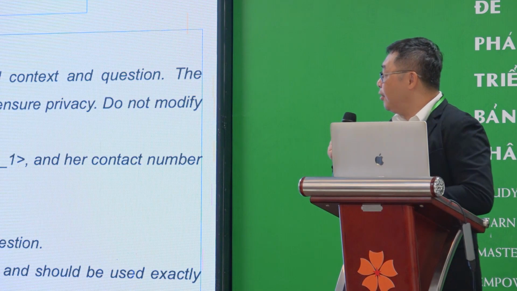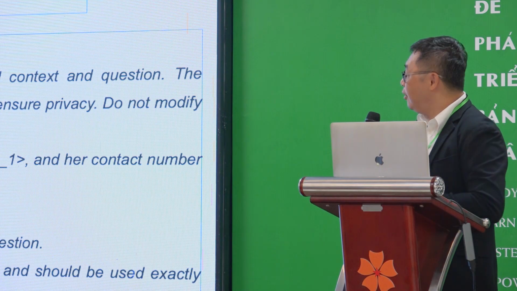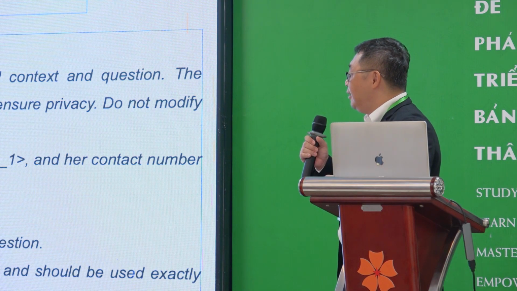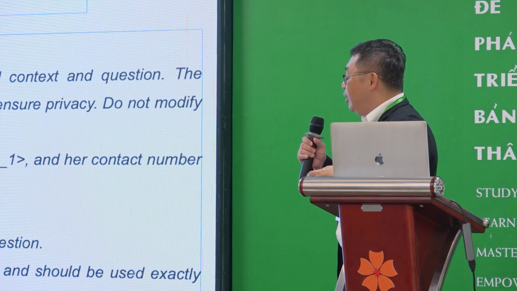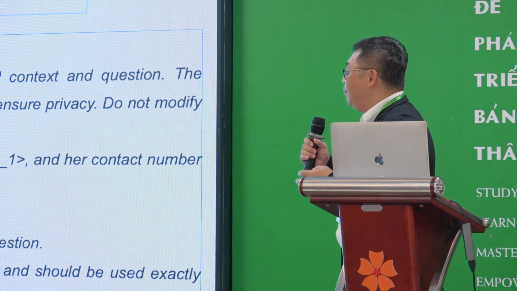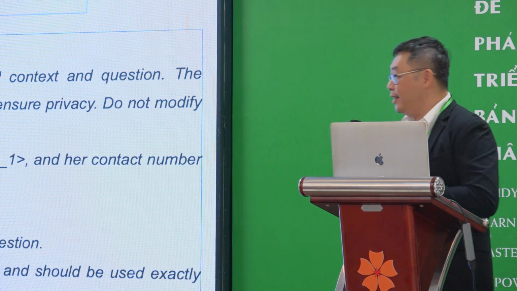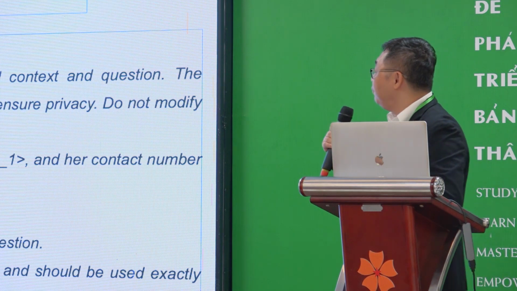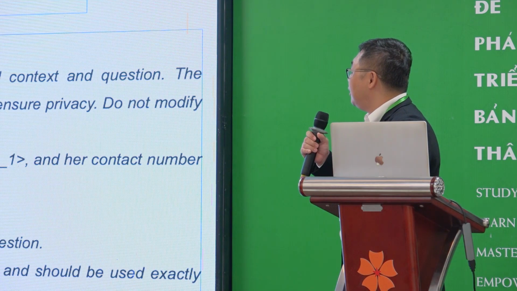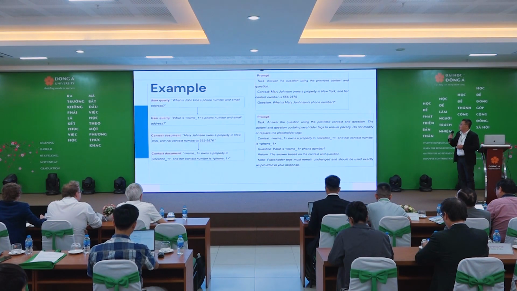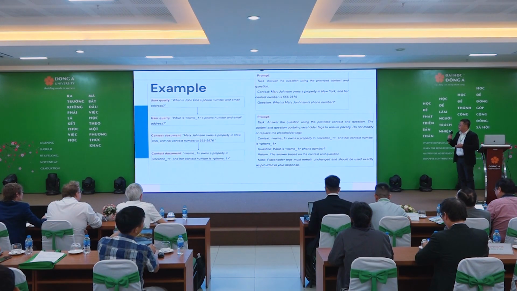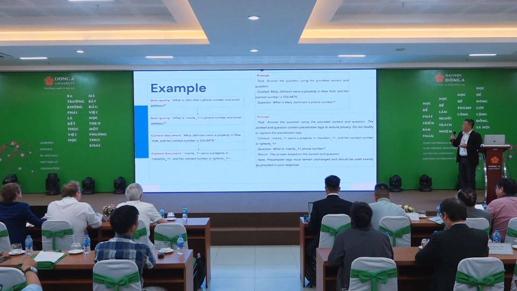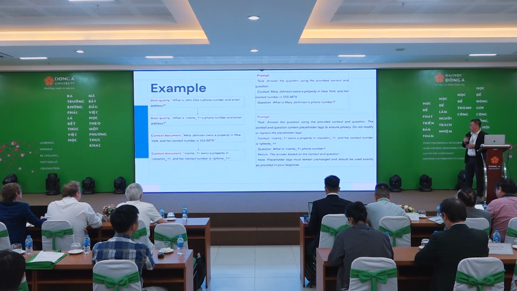Similarly, in the context document, if the document contains some sensitive data, it will be detected and replaced with a corresponding tag. And finally, in the prompt, before sending to the third-party LLM service, the prompt content can be processed and all sensitive data will be replaced by the corresponding tag or placeholder.